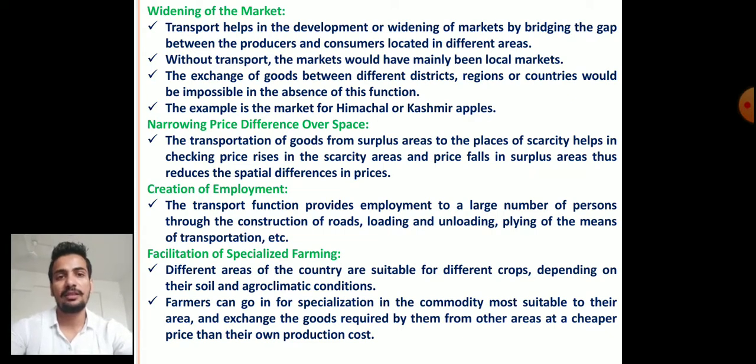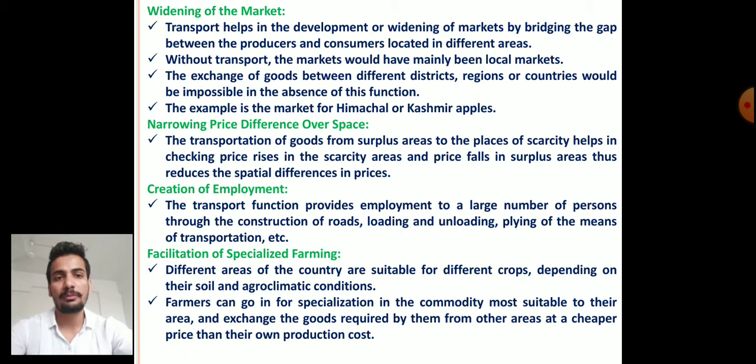So then next is facilitation of specialized farming. Different areas of the country are suitable for different crops, means there are different zones for that particular crop. As we have seen in the earlier example, apples from Himachal and Kashmir. So it is a particular area depending on their soil and agroclimatic conditions. We cannot grow the apple here in Maharashtra.